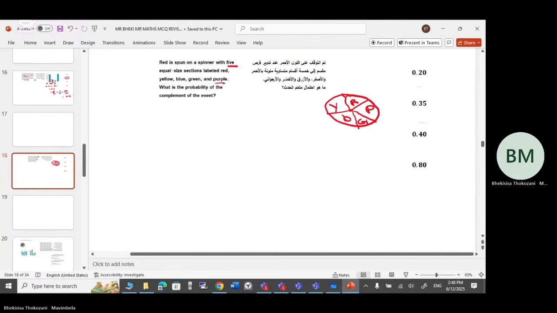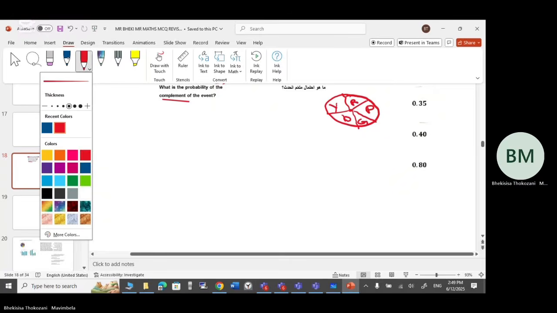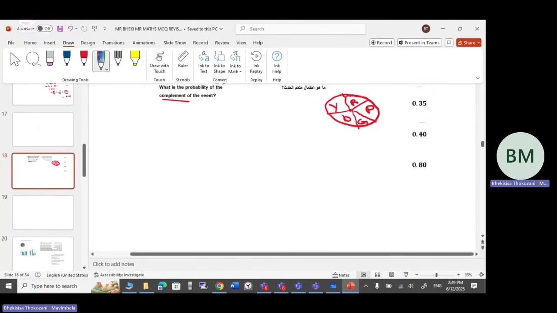Now the probability here of complement events. In other words, they want to know what is not red. What is the probability of not red? Because they say red, they're talking about red. If they talk about yellow, we're going to focus on yellow, but let's focus on red. How many red can you see here, guys?